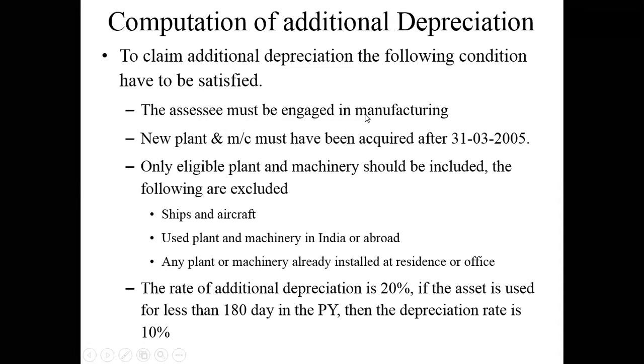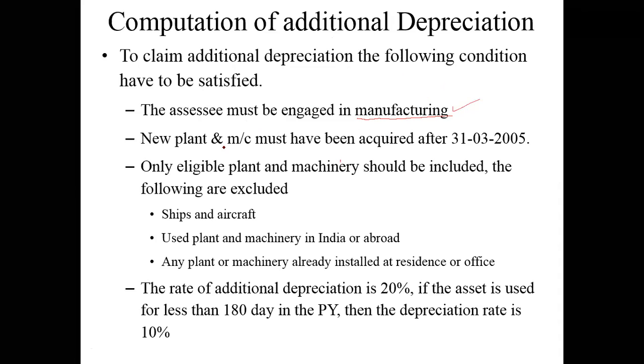If the assessee has a business which is trading or service based, he is not eligible for additional depreciation. Only those assessees who are engaged in the business of manufacturing, please understand this word, only they are eligible to claim additional depreciation. That is point number 1.